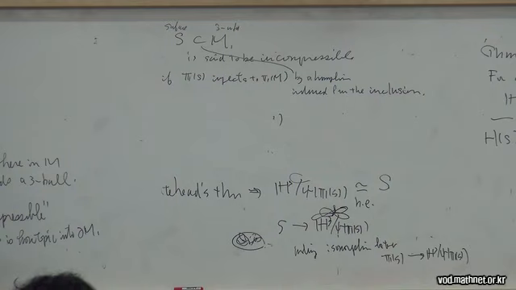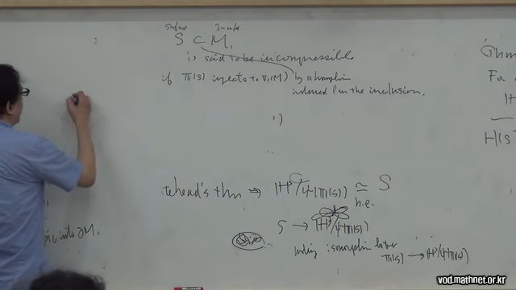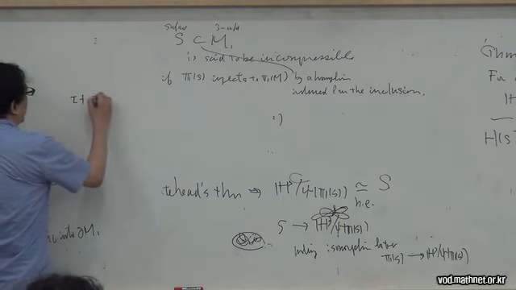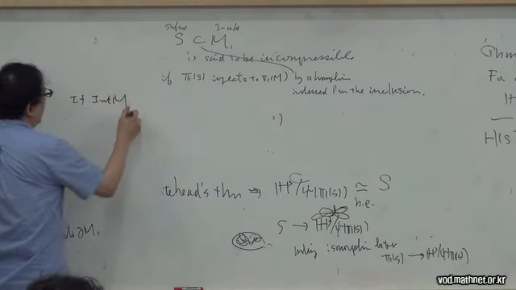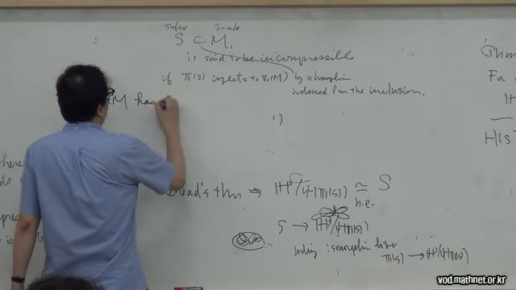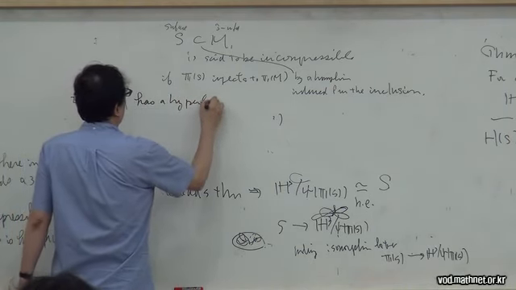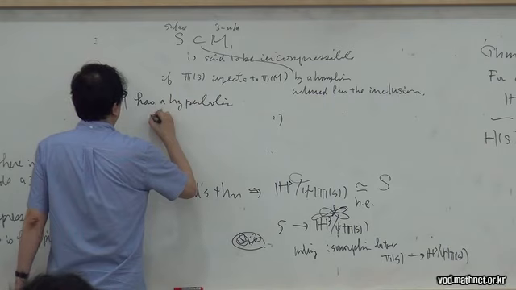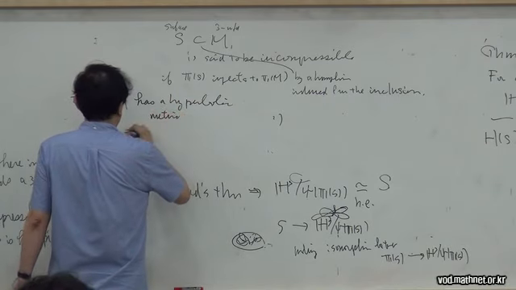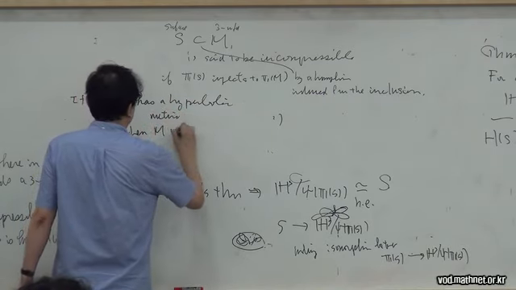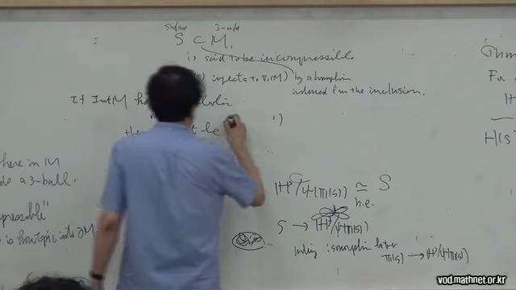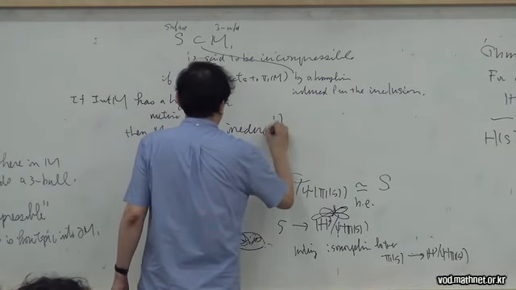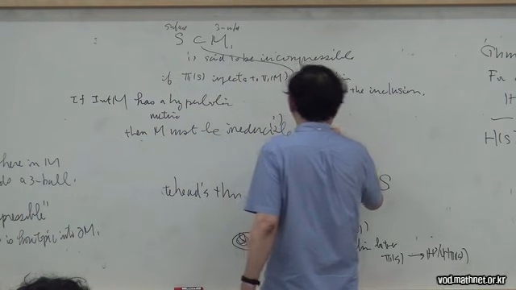We impose the two conditions because if the interior of M has a hyperbolic metric, then M must be irreducible and atoroidal.